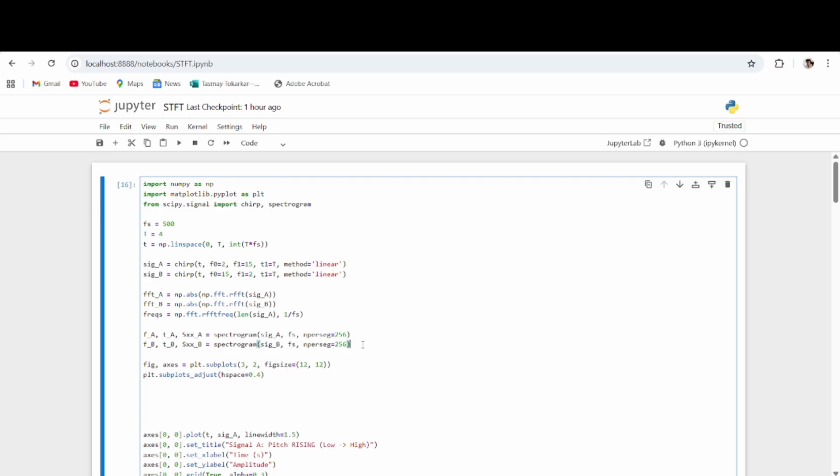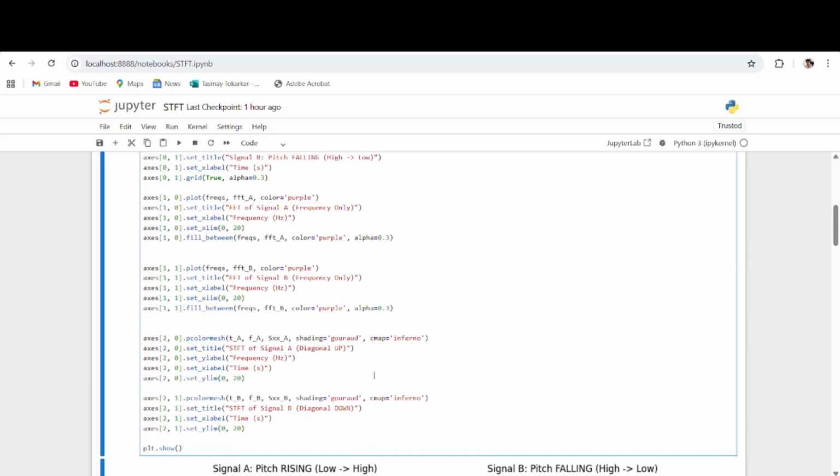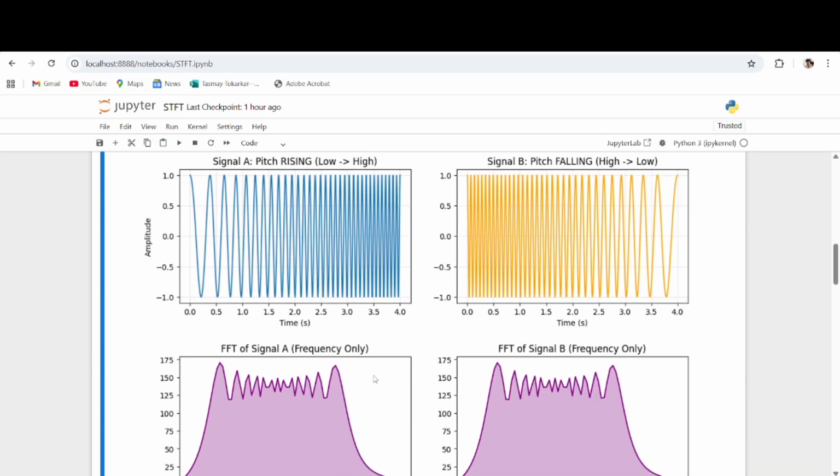Why are we overlapping the windows? Because we don't want to lose any data. If we were not overlapping the windows, if there was some spacing between the windows, the data which comes between those windows would be lost, and we don't want that. So that's why there'll be more than 7.8 windows. Now I'll be showing you the spectrogram of the signals.